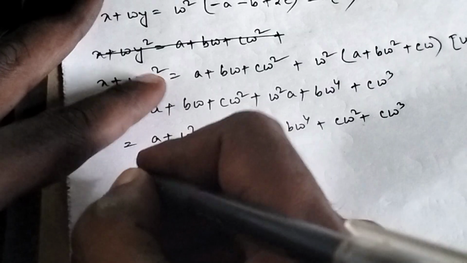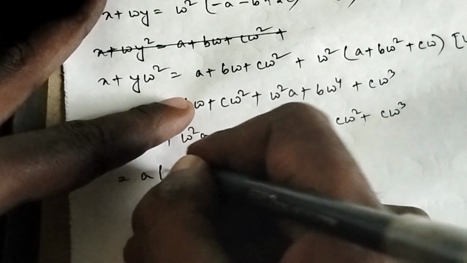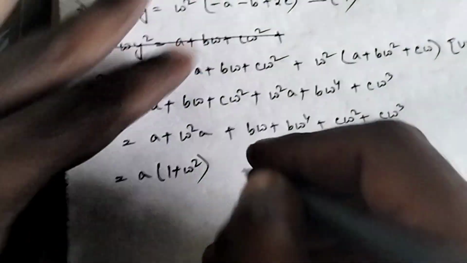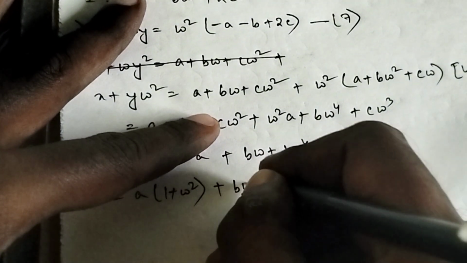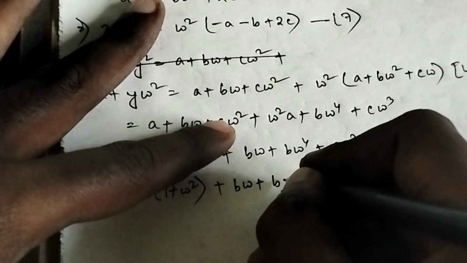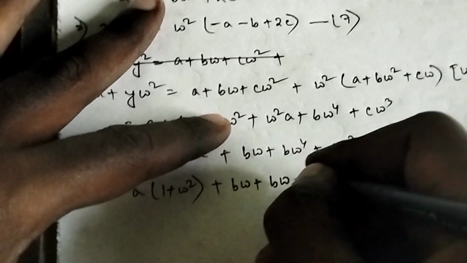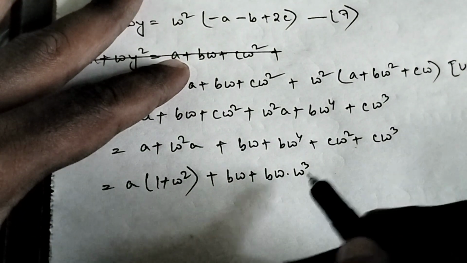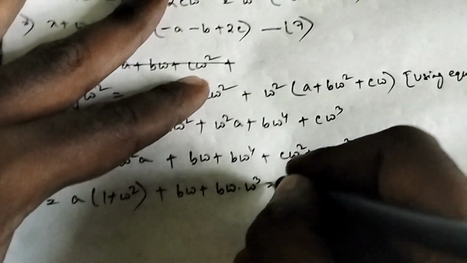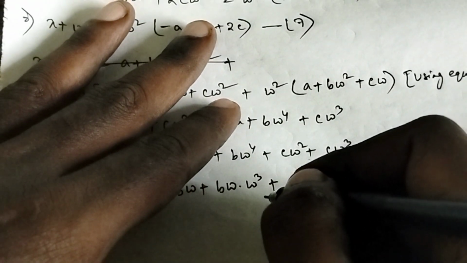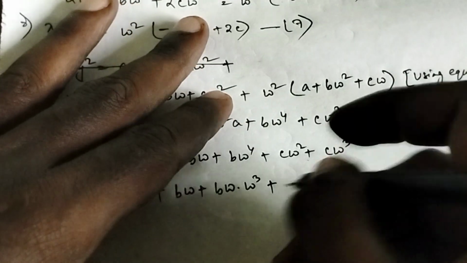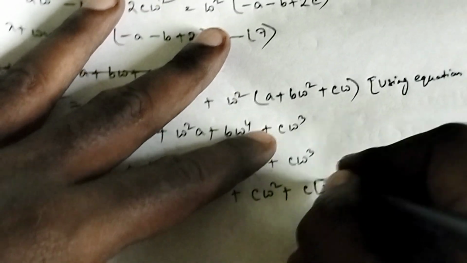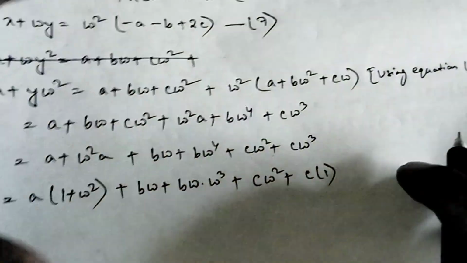So now write a into 1 plus omega square, plus b omega plus b omega into omega cube. Omega to the power 4 means omega into omega cube. Plus c omega square plus c into minus 1, because omega cube is equal to minus 1.